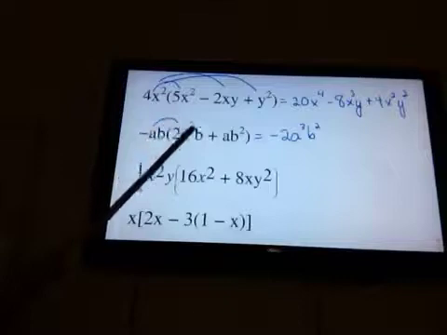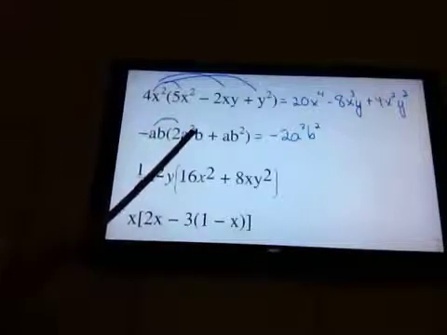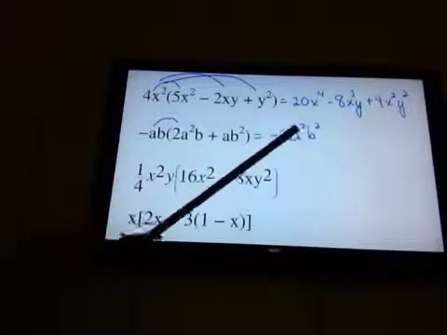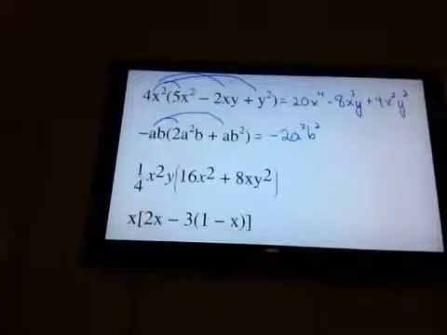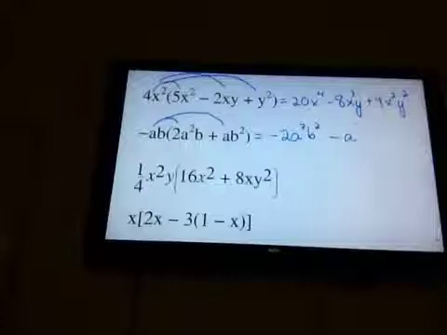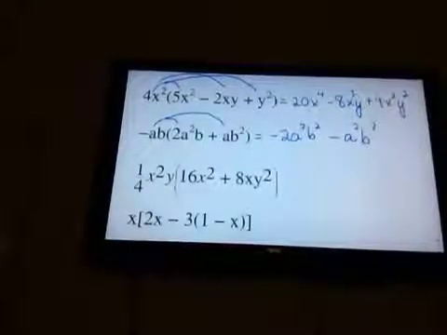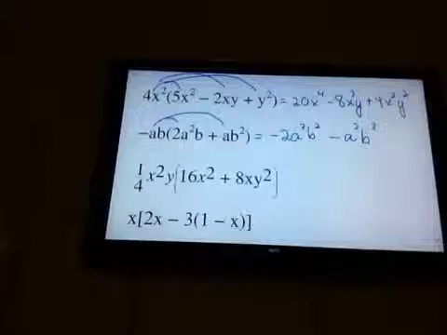Understood 1 plus 2, so there's my 3 on the a, and 1 plus 1 is 2 on b. Negative ab times positive ab squared, negative, positive times a negative, a to the 1 plus 1 is 2, b to the 1 plus 2 is 3. Not like terms, so that is as far as I can go.